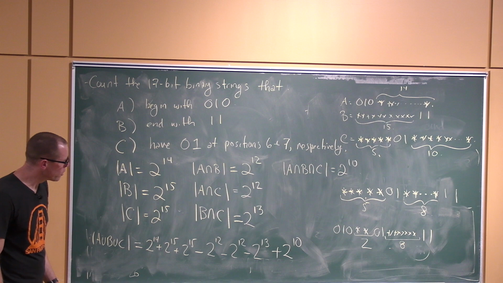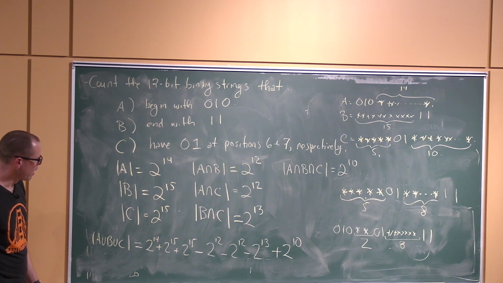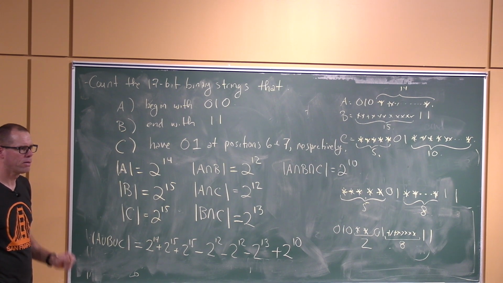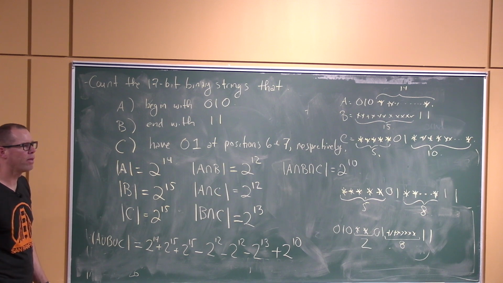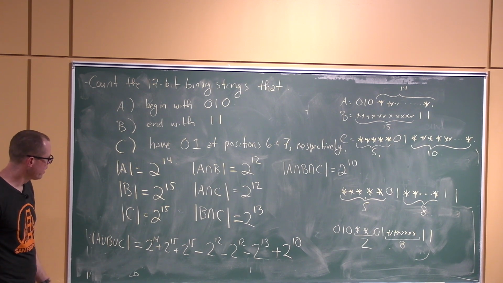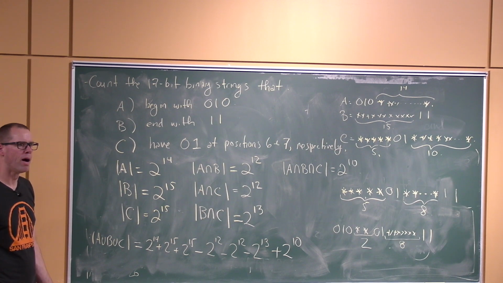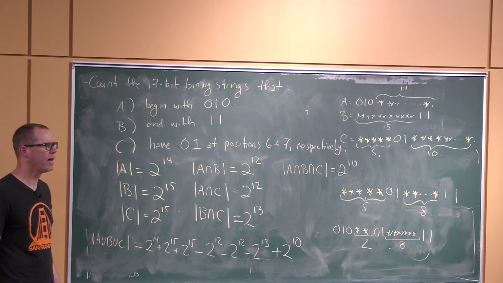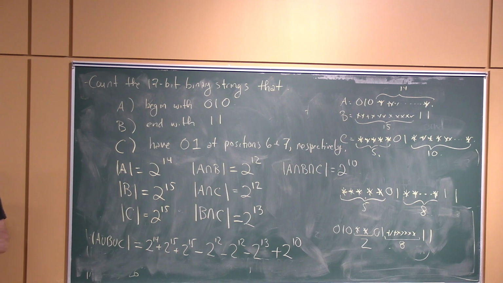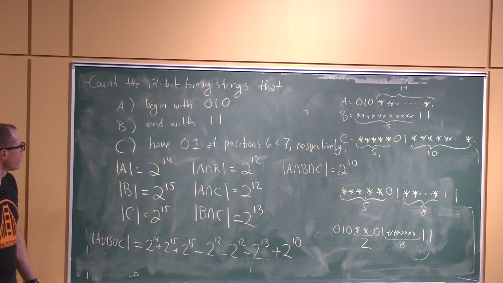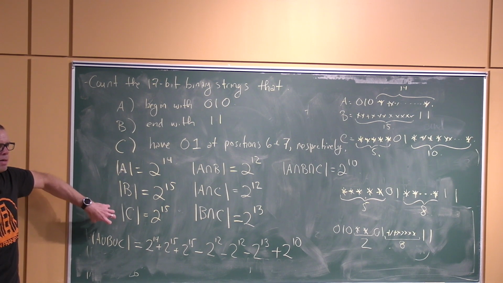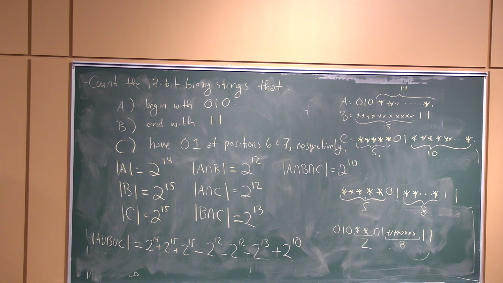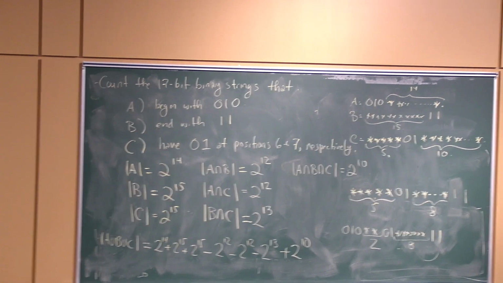So the answer is it's slightly more, but it comes close. There's about 66,000 of these, and half of 2 to the 17 is 65,536. So a little bit more than half of the strings satisfy this condition. Okay?